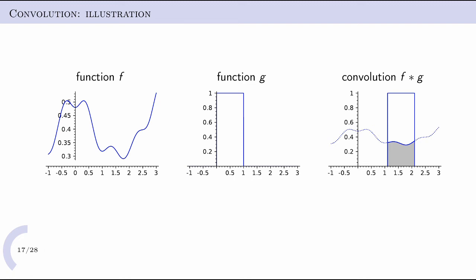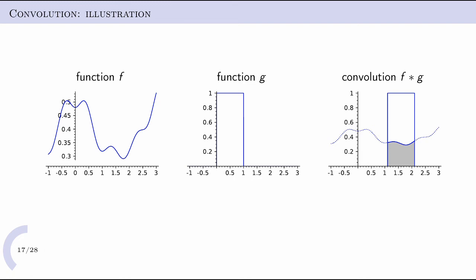But since g is 0 outside the single interval, the product is again 0 outside this interval, so the only non-zero interval is the one from x to x plus 1.